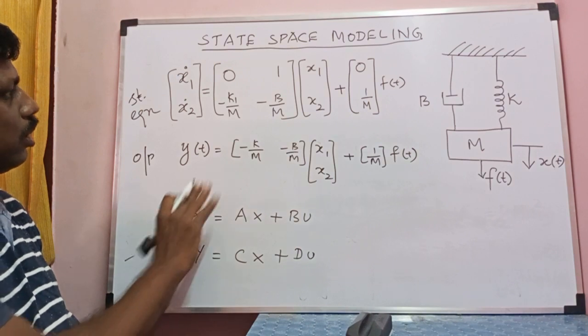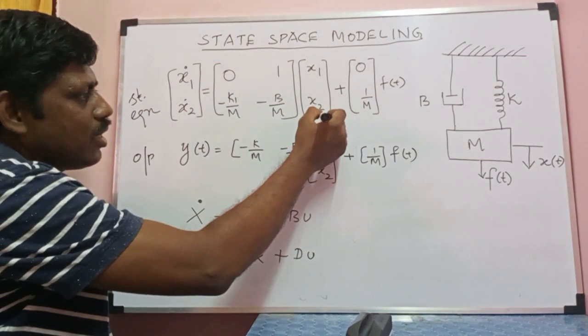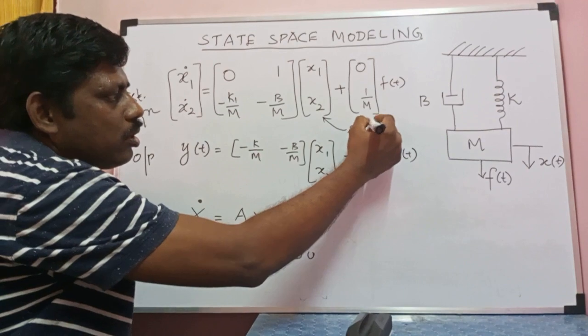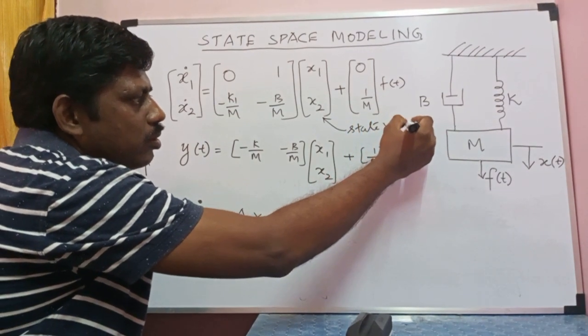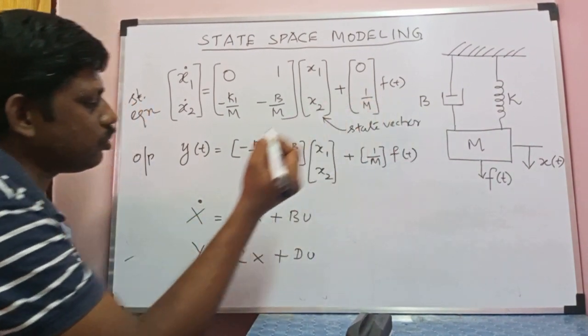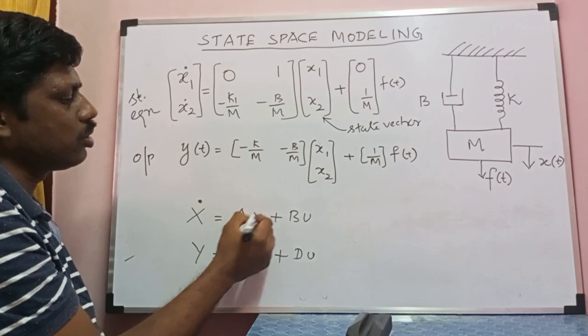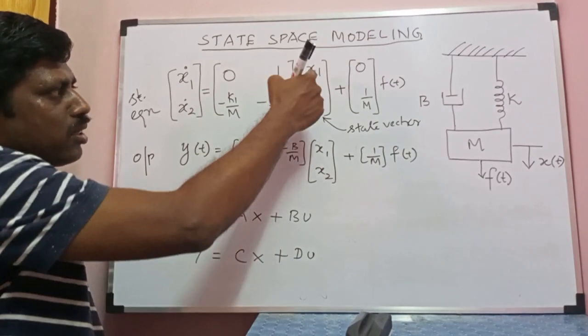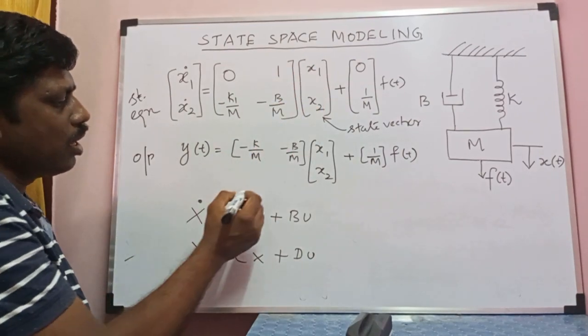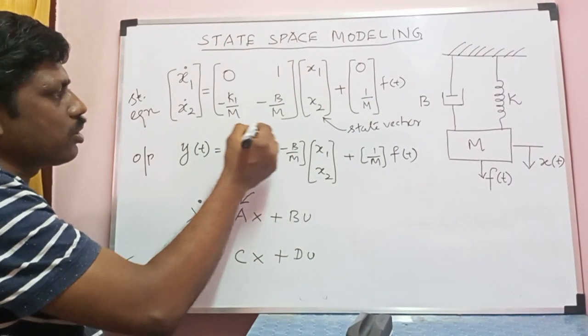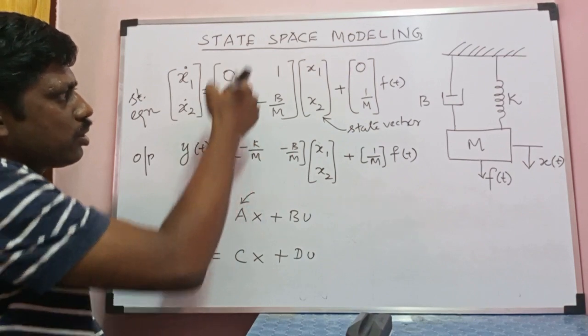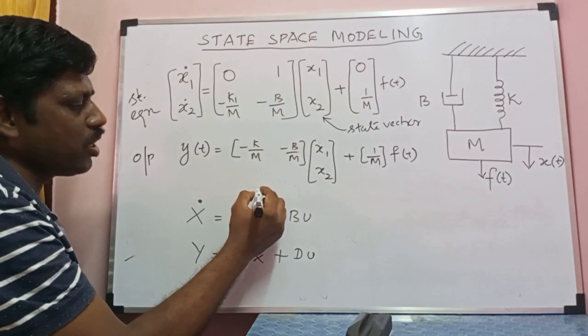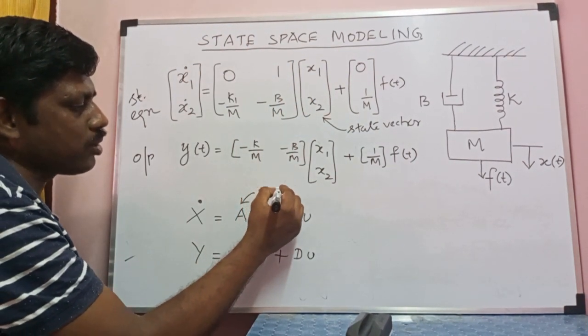So obviously this x represents the state vector. The state vector is nothing but a vector containing all the state variables, and this A matrix we call the A matrix or state matrix.